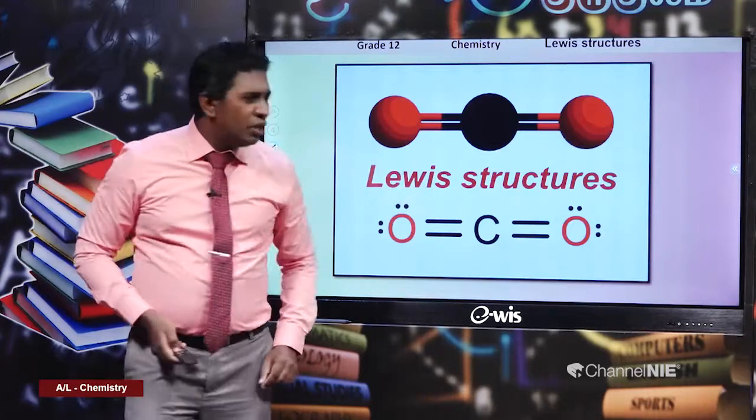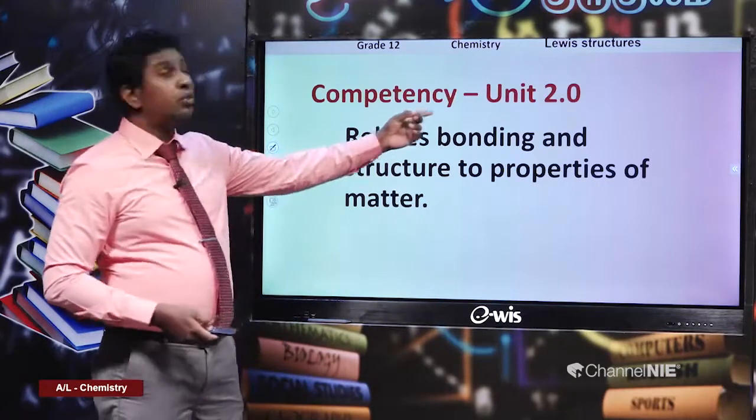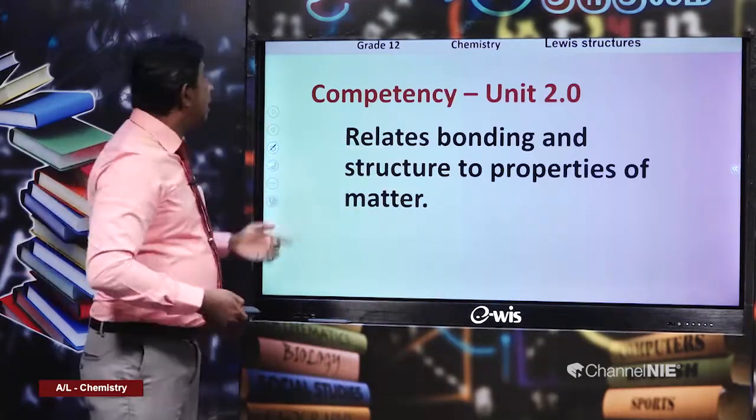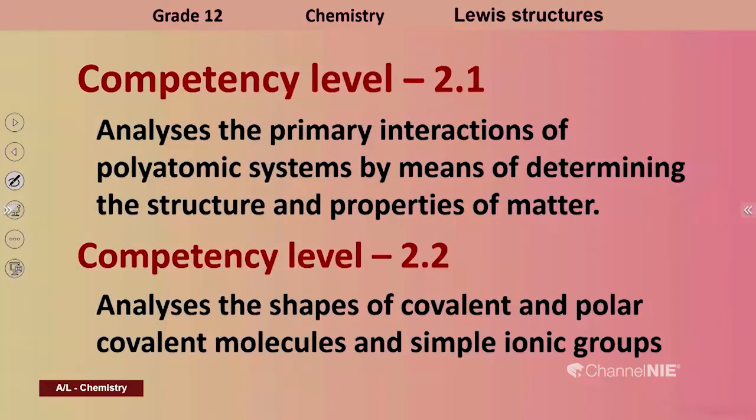Okay, be with us. Students, you could find this under competency unit 2. It says: relates bonding and structure to properties of matter. Under that we are going to look at competency levels 2.1 and 2.2. 2.1 says: analyzes the primary interactions of polyatomic systems by means of determining the structure and properties of matter.